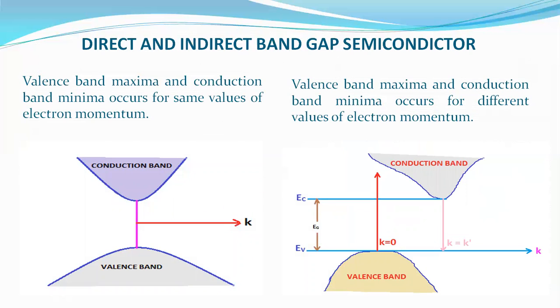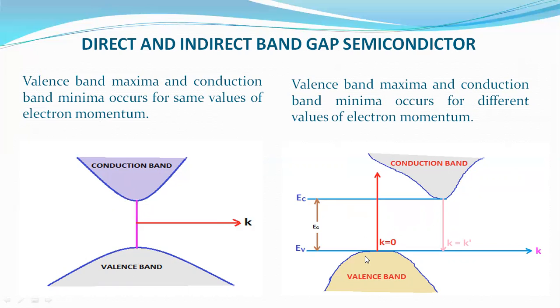Now, direct and indirect band gap semiconductors. As we showed earlier, the energy band diagram can be plotted as energy versus electron momentum, or energy versus wave number. If for any semiconductor the conduction band minima and valence band maxima appear for the same value of electron momentum, then it is called a direct band gap semiconductor.